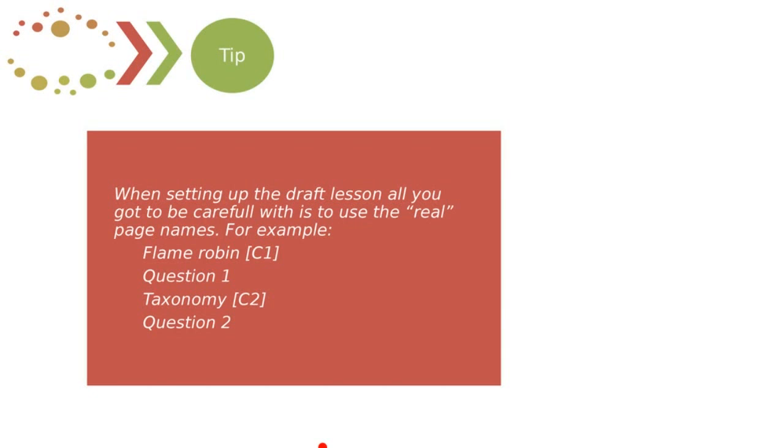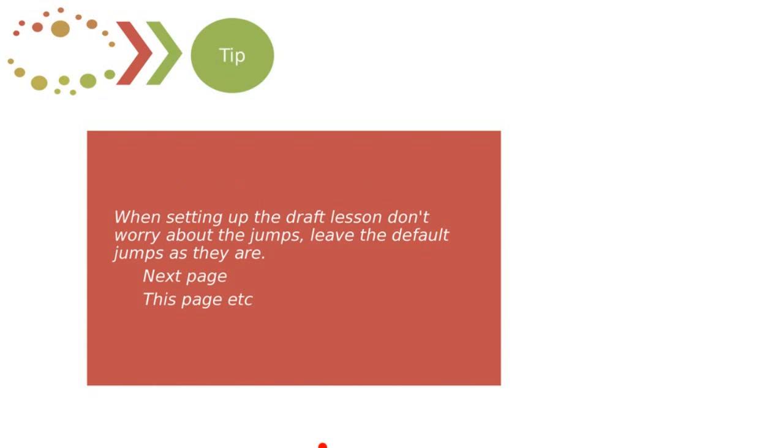And of course, question 1 or question 2 as the order was in my document. A second tip, when I'm setting up the draft lesson, I'm not worrying about the jumps. I'm leaving them as they are by default.